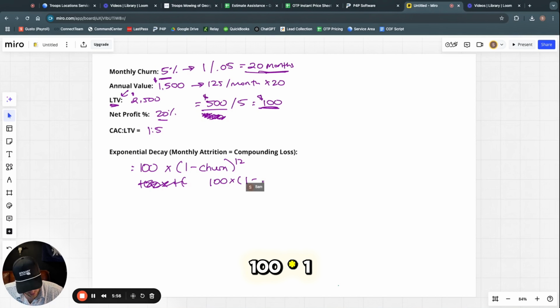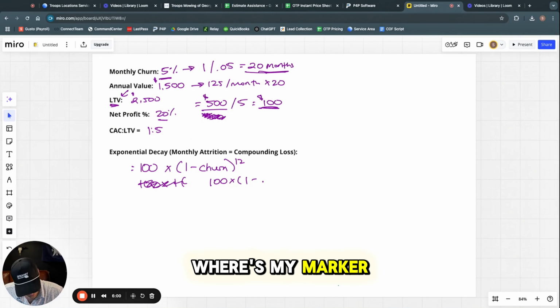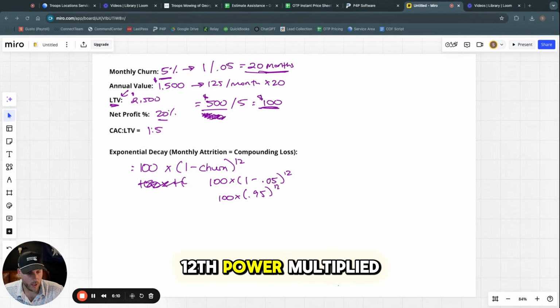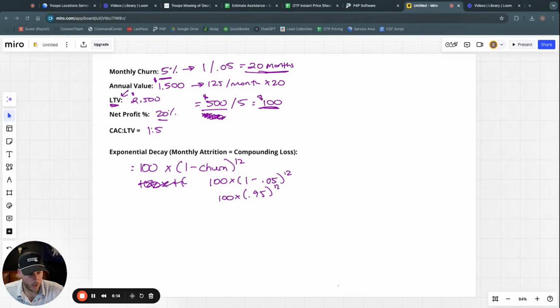minus 0.05, to the 12th power. This comes out to 0.95 to the 12th power multiplied by 100. If we run that math, this gets us 54.03.